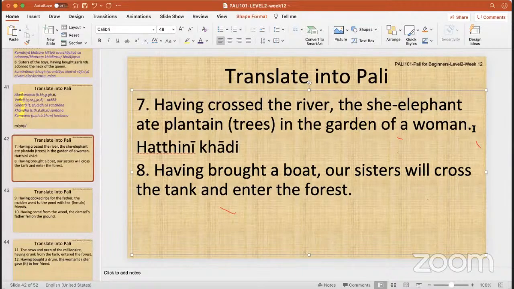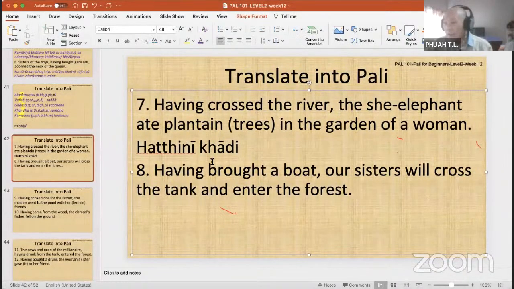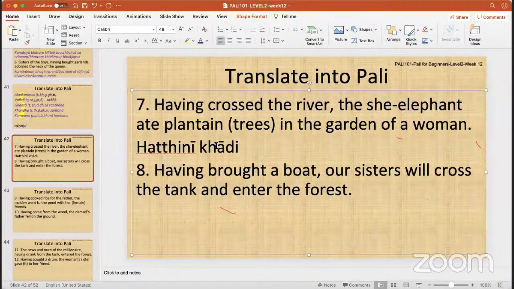Plantain trees. What is plantain? Kadali, Kadalio. So Kadalio will come after Khadi or before Khadi? Before Khadi, yes, why? Because it's the object.